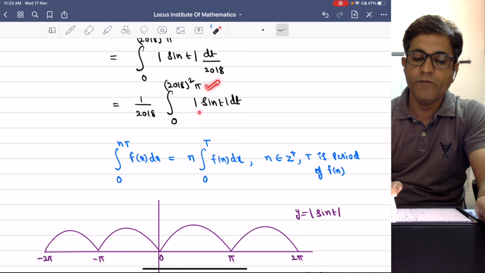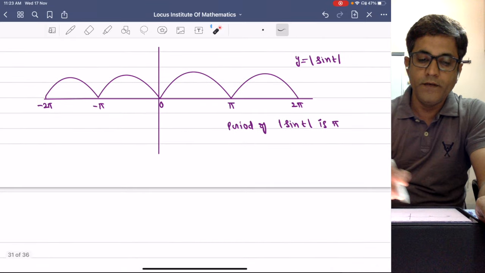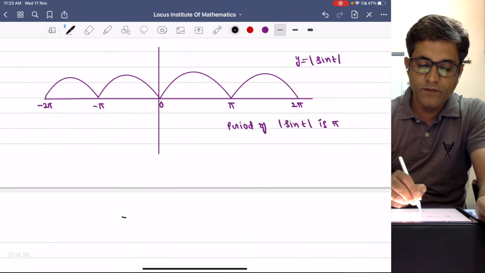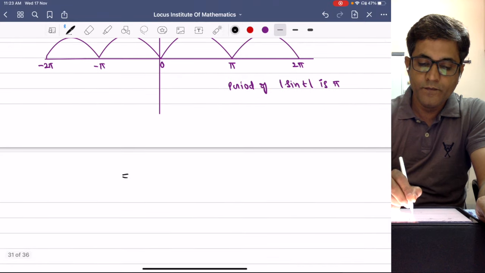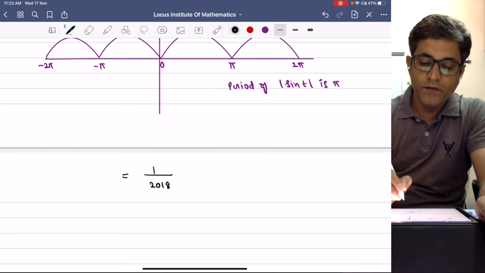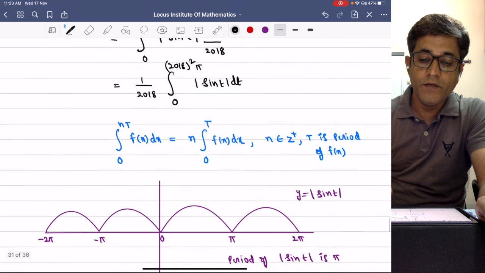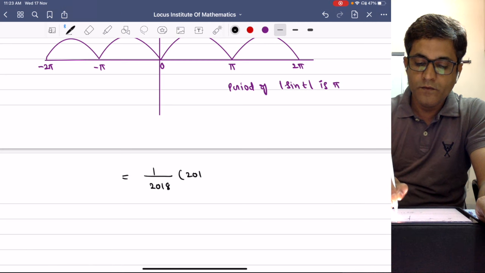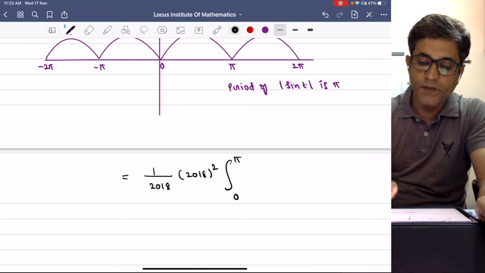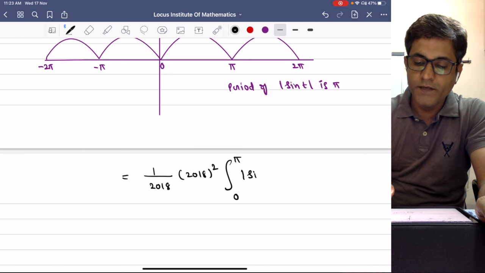Now this is equal to 1 over 2018 times 2018 squared times the integral from 0 to π of |sin t| dt.